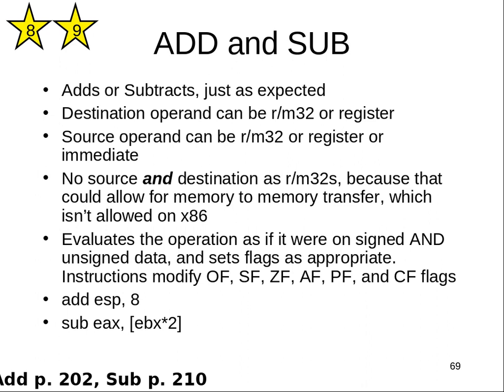In this case, EBX times 2. It takes the value that's located at the memory address of EBX times 2. So it gets that value, runs 2's complement on it, and then adds it to EAX and then stores that result into EAX.